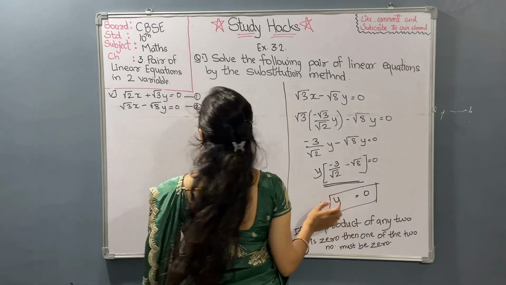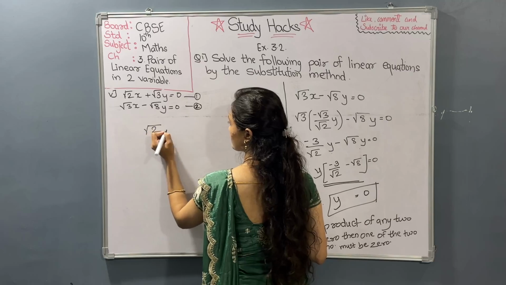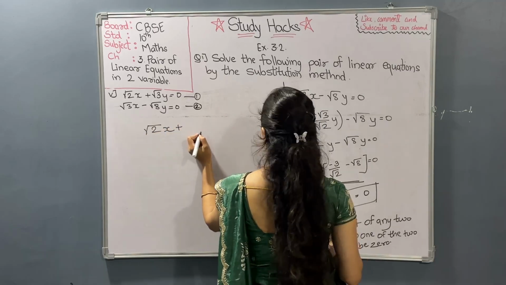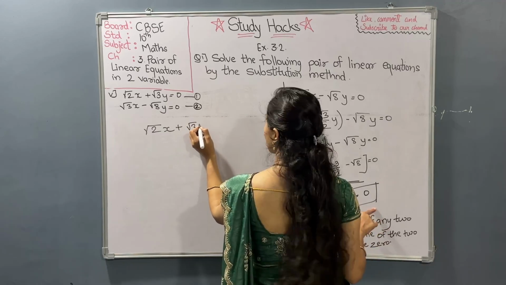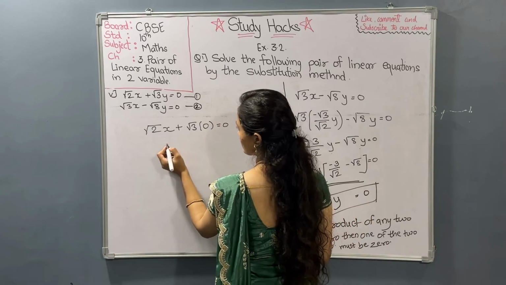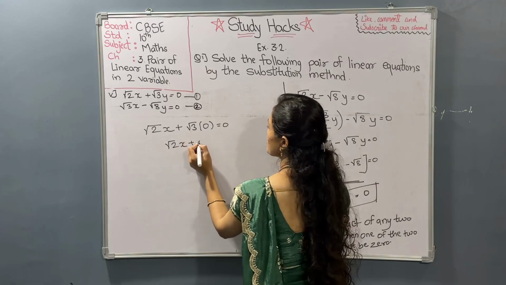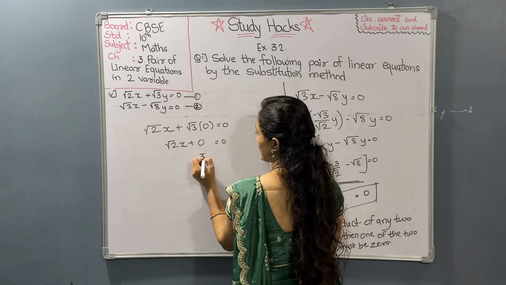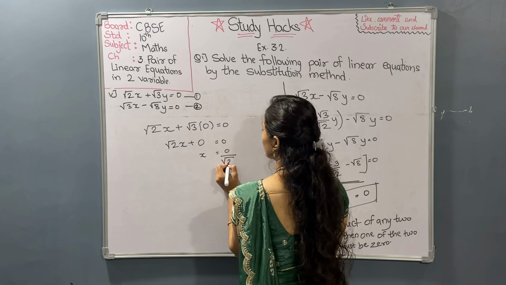Now put the value of y in any of the equations and you will get the value of x. I will take the first equation again. √2x + √3 × 0 = 0. √2x + 0 = 0. x = 0/√2.